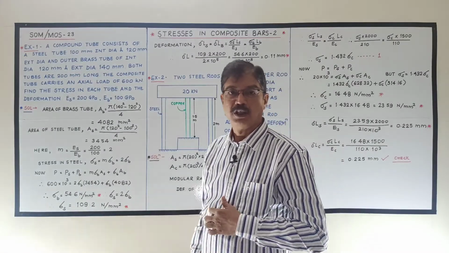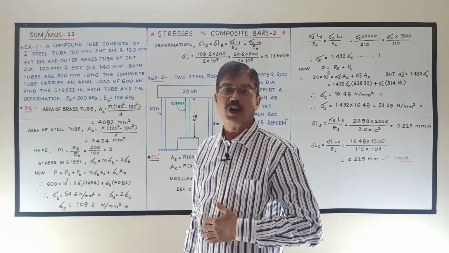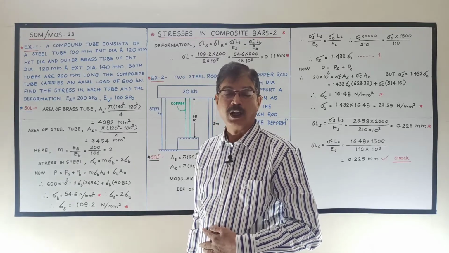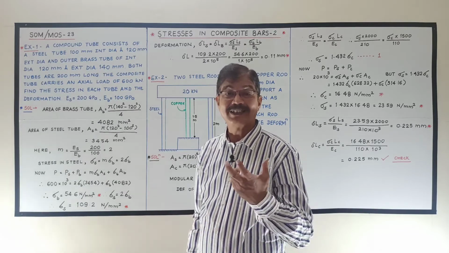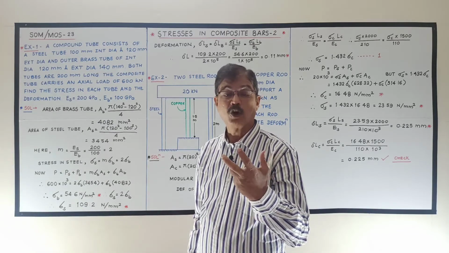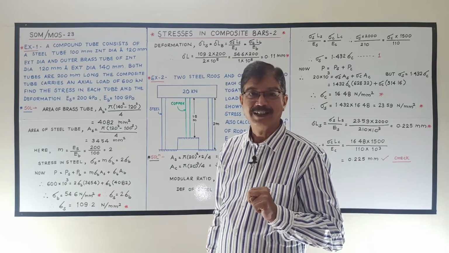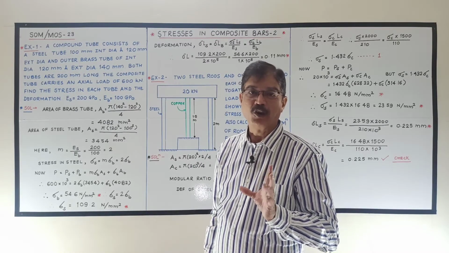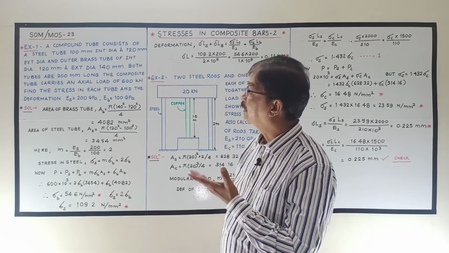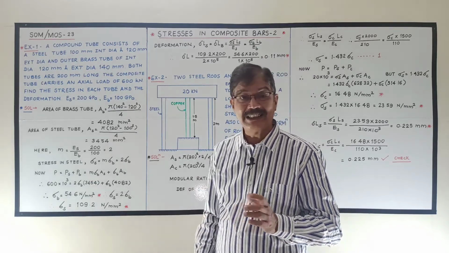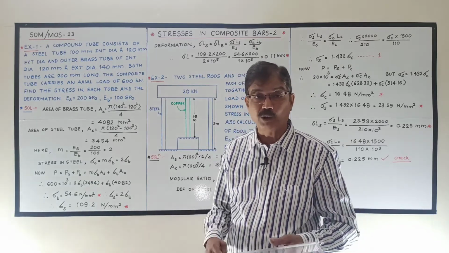So in the first example which we saw in the previous video, that was on the RCC column, the two different materials were steel and concrete. Now this is another example, which is a compound or composite tube.